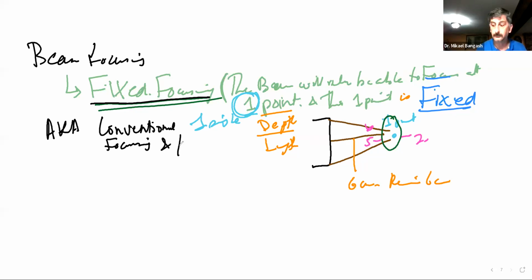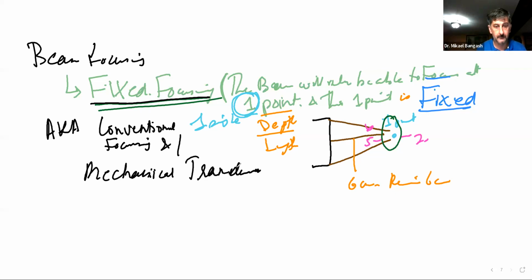And we may even call this kind of transducer, which only has one fixed focal point, a mechanical transducer. Where you can then also say that a mechanical transducer can also be referred to as a conventional transducer or a fixed focal point transducer.